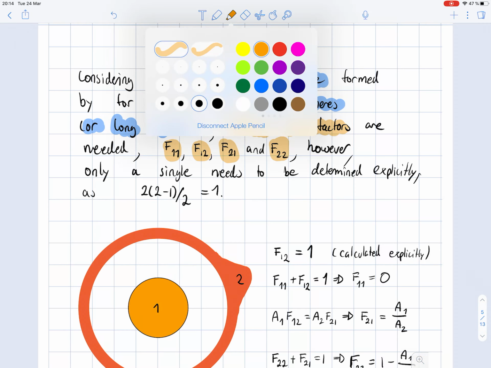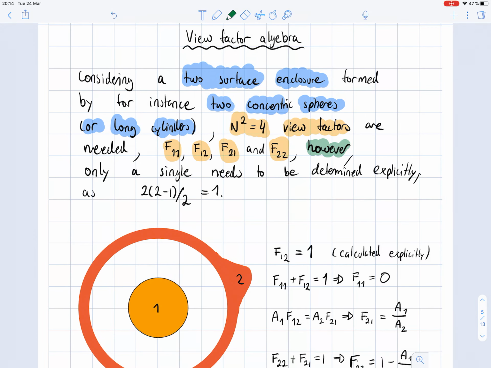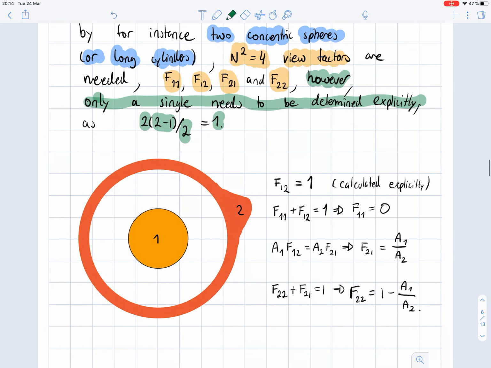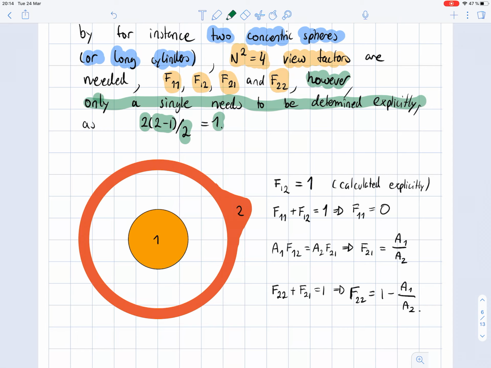However, fortunately, only one single view factor needs to be determined explicitly, because 2 times (2 minus 1), that equals 2, divided by 2 equals 1. So you only need to do one of the view factors, and the rest of them you can find from the corresponding relations.